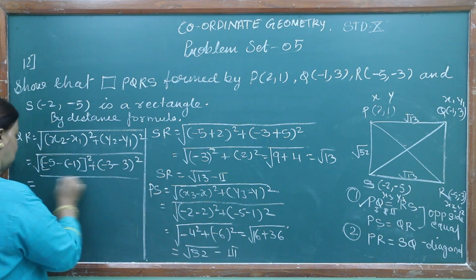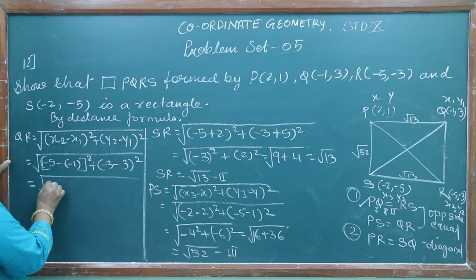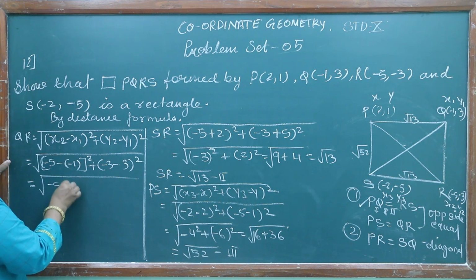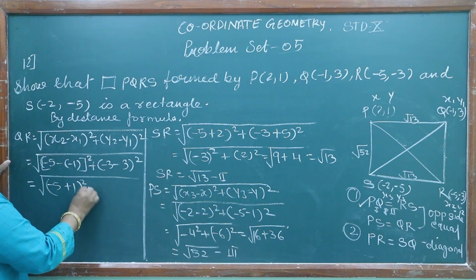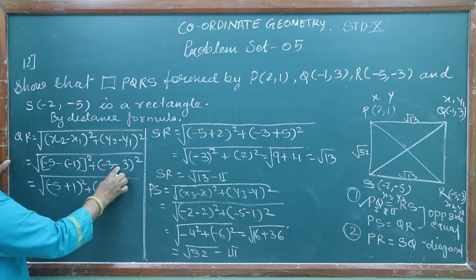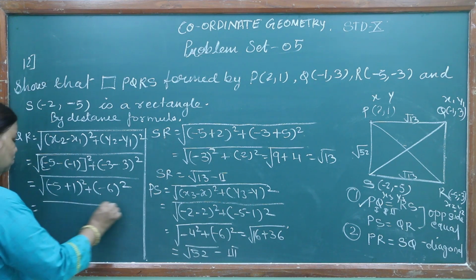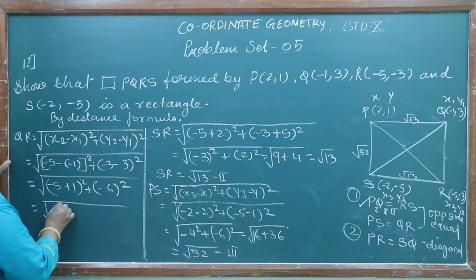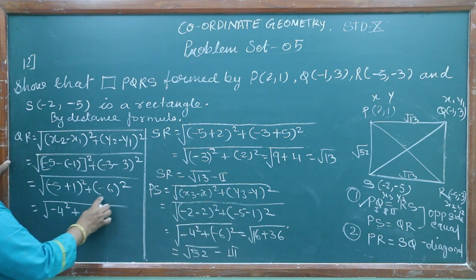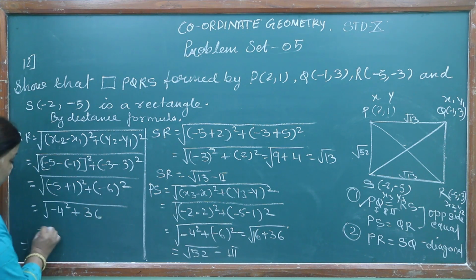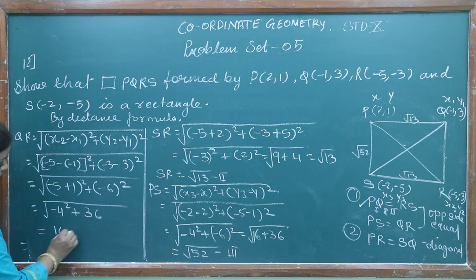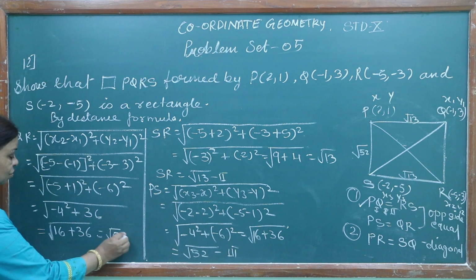So under the root minus 5 minus plus 1 the whole square plus minus both are minus, so they will be added, minus 6 the whole square, is equal to minus 4 the whole square plus 36, which is equal to 4 4s are 16 plus 36, which is nothing but under root 52.